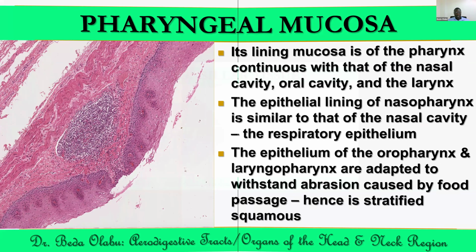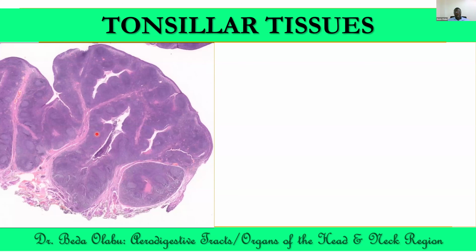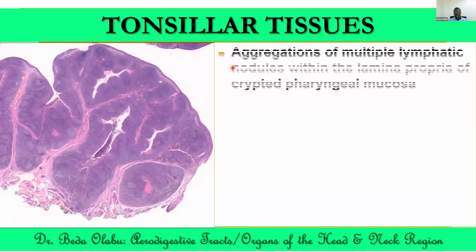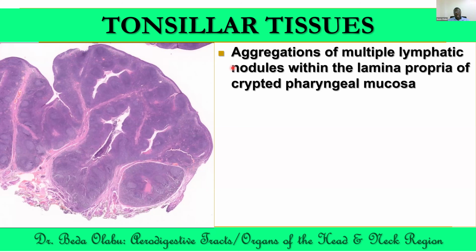And you should be aware about the Waldeyer's ring. The Waldeyer's ring is basically a ring of tonsillar tissue around the pharynx.